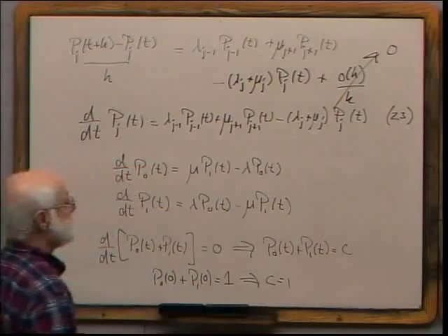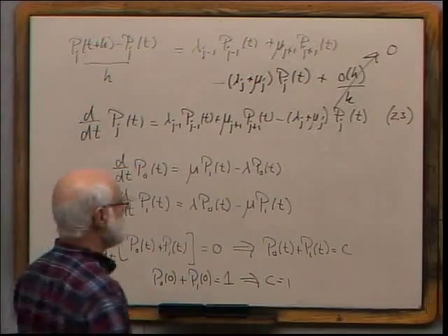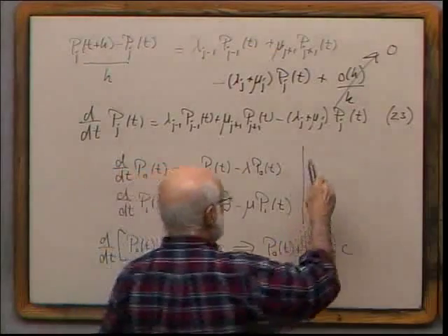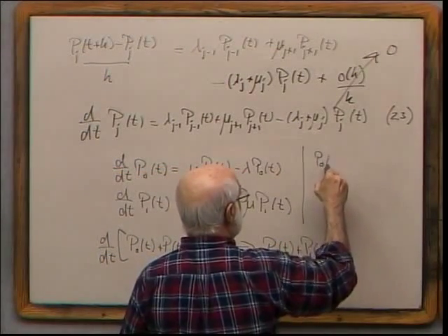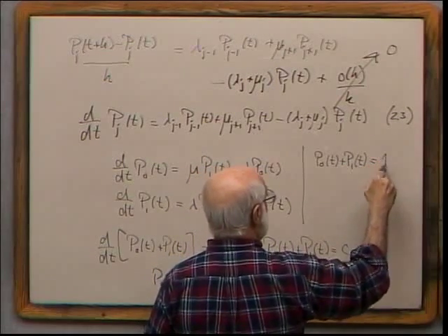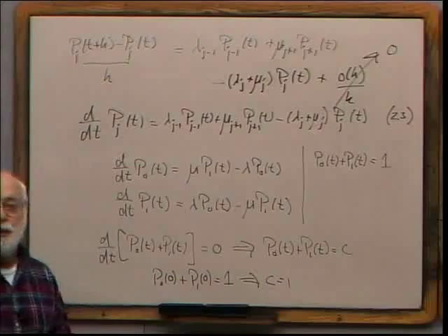So a conclusion that we get from these equations is that P0 of t plus P1 of t must equal 1. So already that's good news. Things seem to be working out.